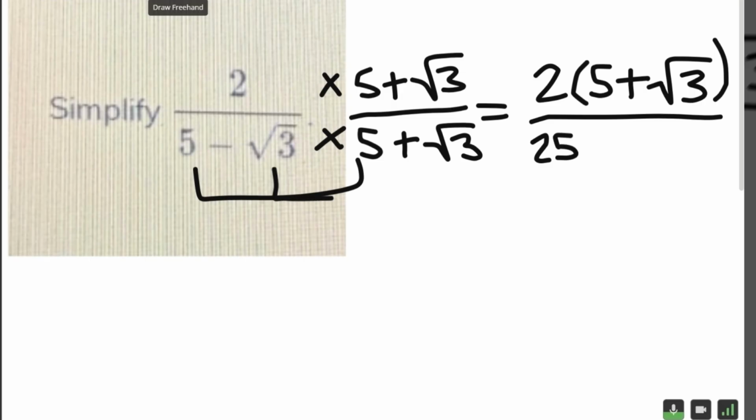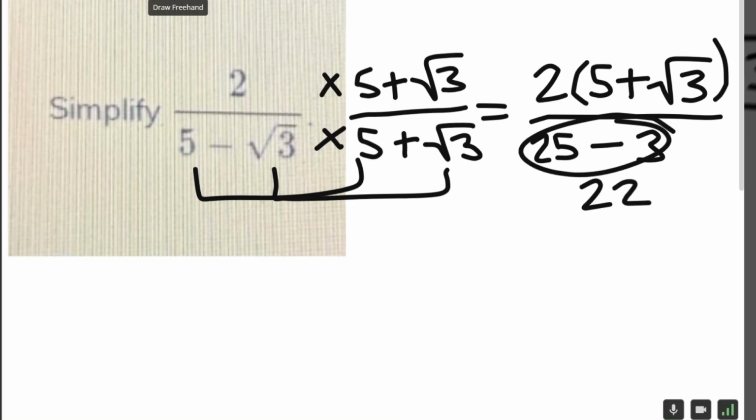Last terms, negative square root of 3 times positive square root of 3 is a minus 3. We're left on the bottom with a 22, right? 25 minus 3.